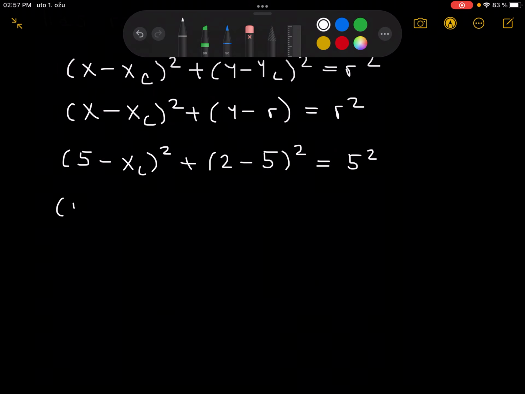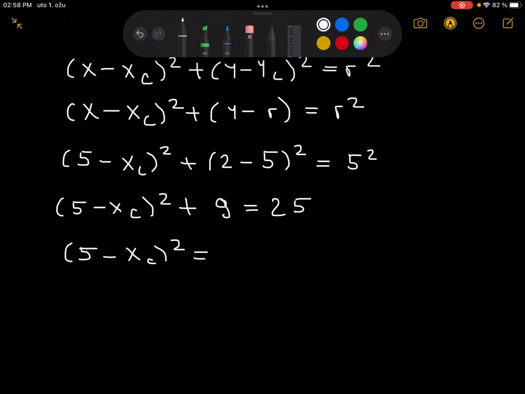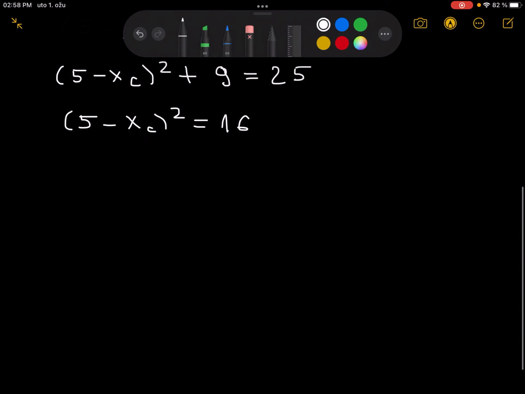Okay, so that means that 5 minus x of center squared plus 2 minus 5 is negative 3, but when we square it you'll get 9, is equal to 25. Or, in other words, 5 minus xc squared must be equal to 25 minus 9, which is simply equal to 16.